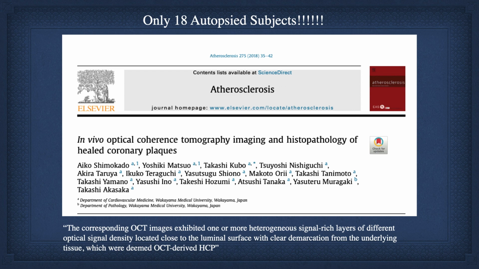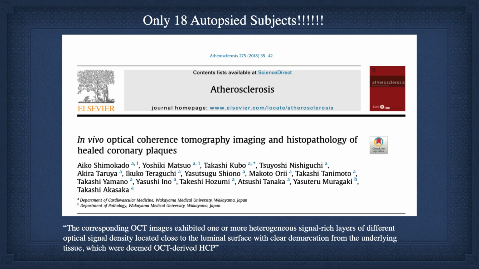And this group nicely did histopathology matching first, and they did do picrosirius staining, which is critical, but to my read, only 18 autopsies. And for the amount of clinical in vivo studies that are being done stating that they're seeing healing, that's a small number.